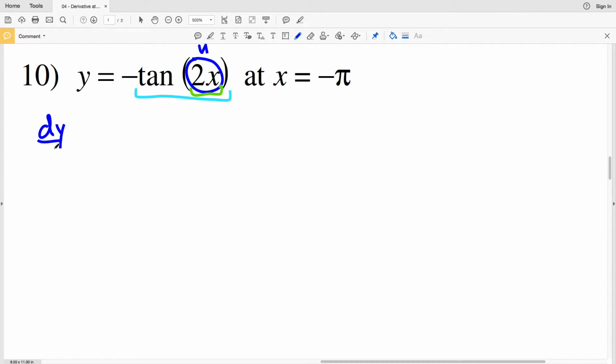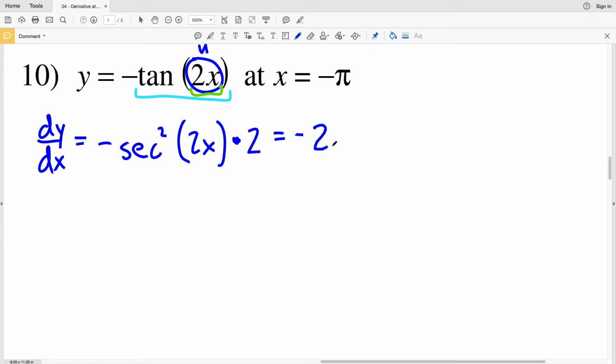So the derivative of y with respect to x is going to be equal to negative the derivative of tangent u, which is secant squared u. So negative secant squared of u, which we know is 2x, and that will get multiplied by the derivative of 2x, which is 2. So we'll have negative 2 times the secant squared of 2x.